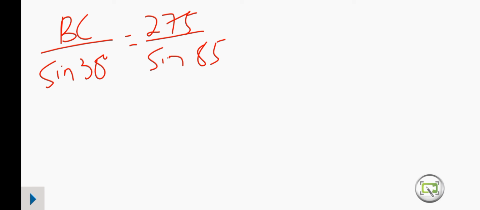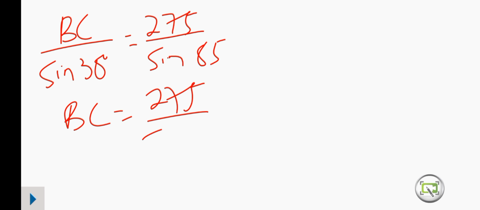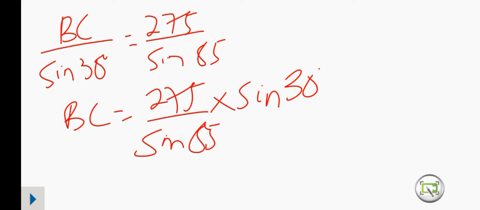So BC equals 275 on sine 85 times sine 30 degrees. Pressing this on the calculator, you have 138.03.